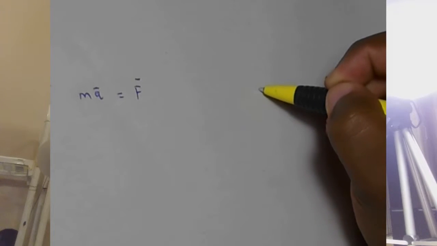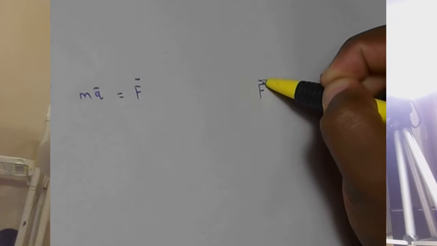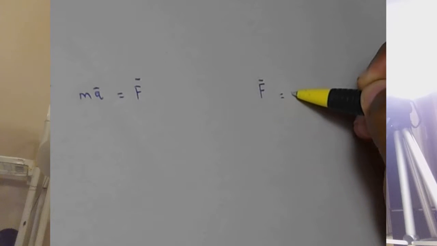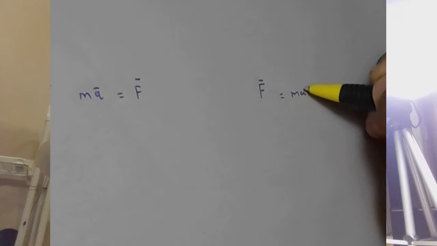Acceleration is a vector and force is a vector quantity. But in physics, they will have it this way: force is equal to mass multiplied by acceleration.